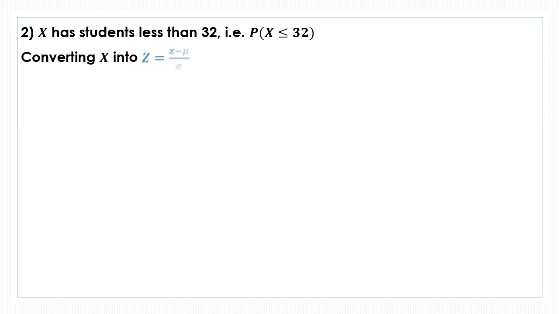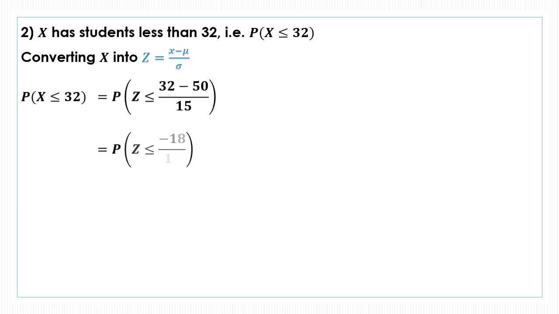The second one, x has students less than 32, that is x is less than or equal to 32 students. So we will be converting this x into z, which is x minus mu upon sigma, that is 32 minus 50 upon 15. Naturally we get negative 18 upon 15, which is z less than or equal to negative 1.2.